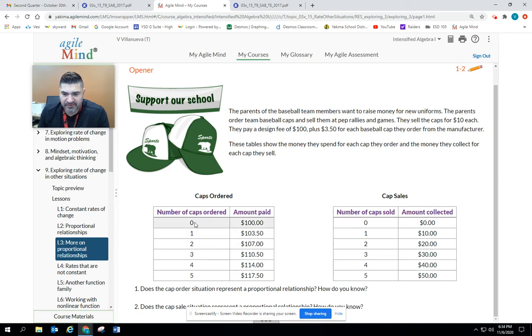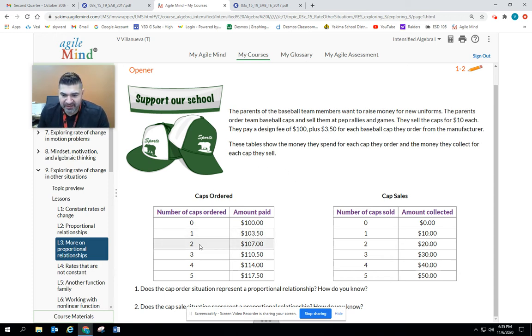So if they order 0 caps, their total amount that they have to pay still is $100. They paid the $100 for the design fee. Okay, so if they make 1 cap, that's going to cost them $3.50. So to make 1 cap, it's going to cost $103.50. That's a pretty expensive cap. And so forth.